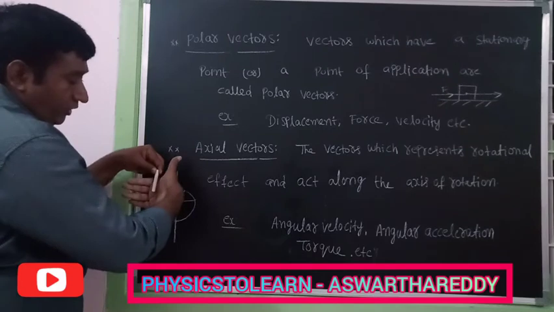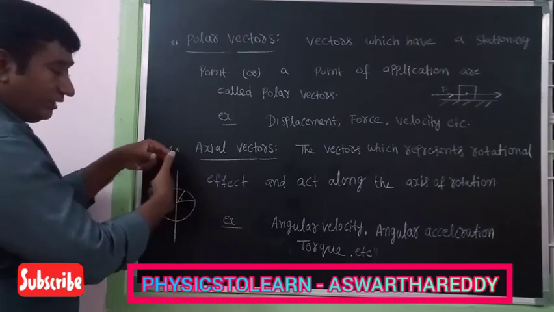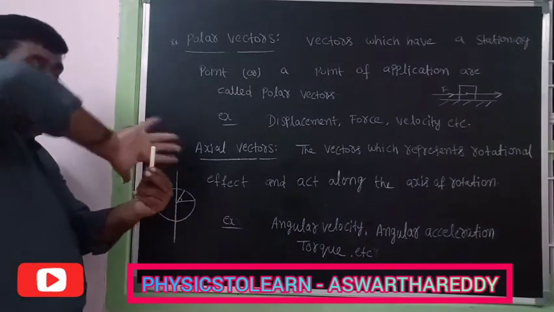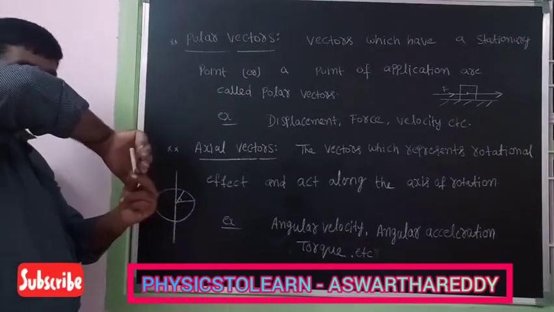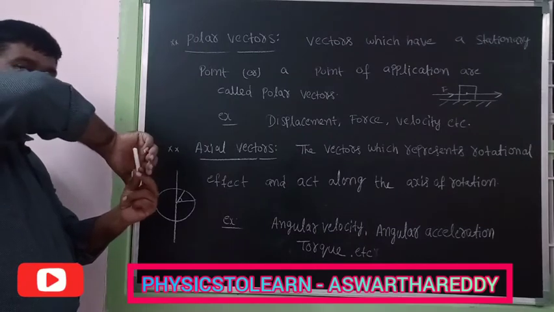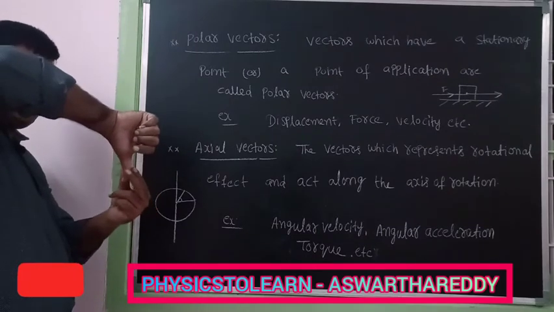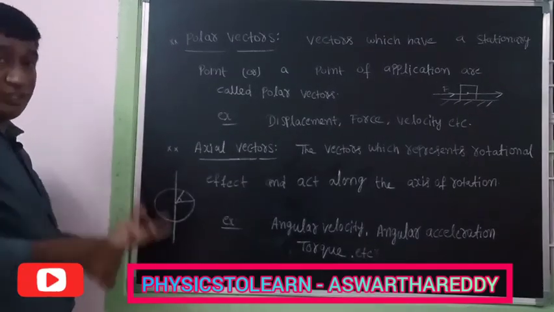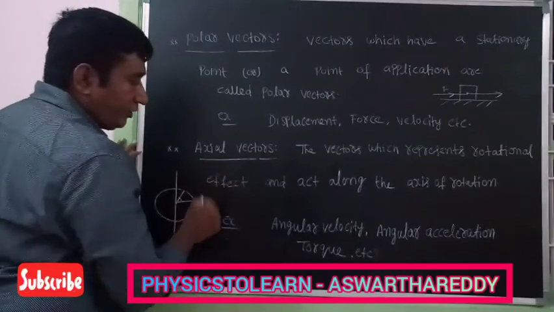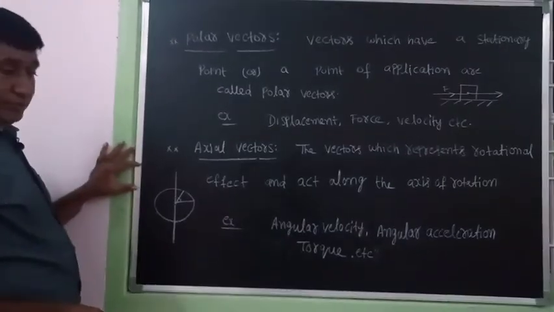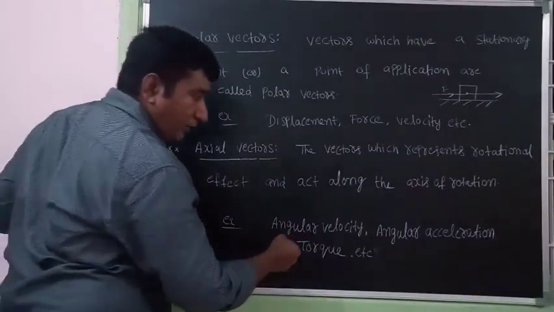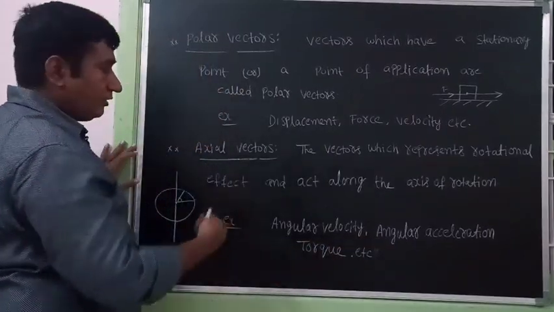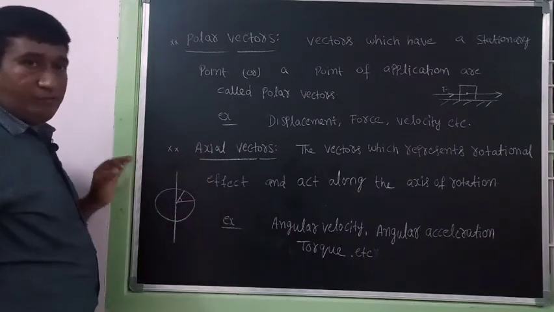If the object is rotating like this, the resultant direction will be upward. If it is rotating in the clockwise direction, the resultant direction will act downwards, so it changes. Such kinds of vectors we call axial vectors. Examples are angular velocity, angular acceleration, torque, angular displacement. These are some examples of axial vectors.